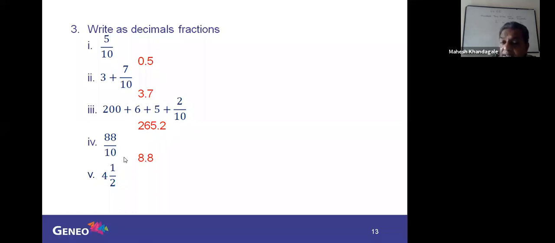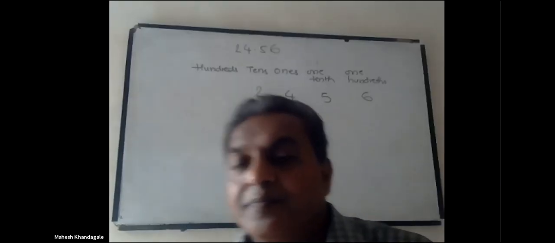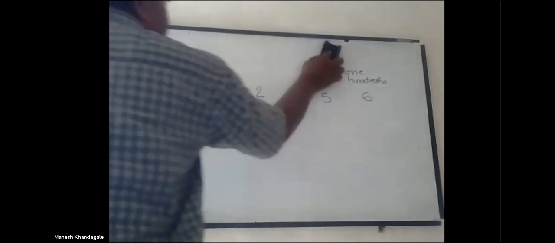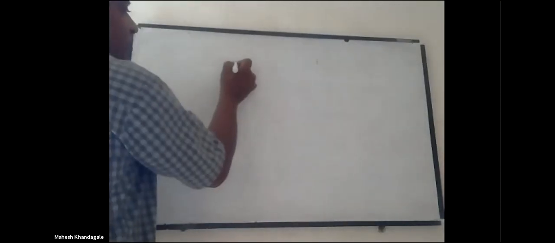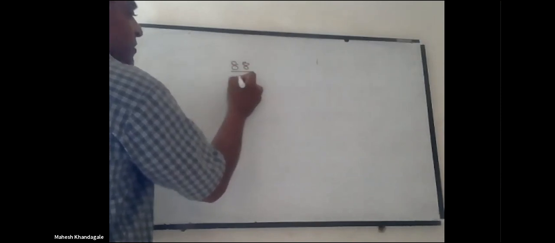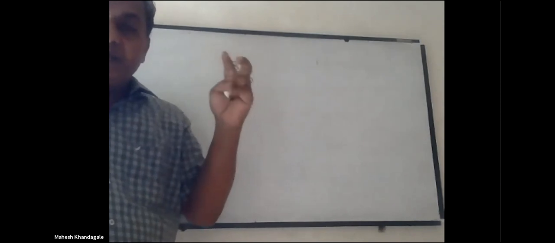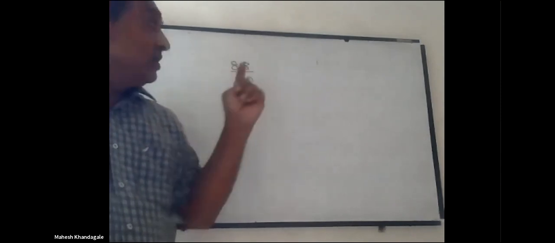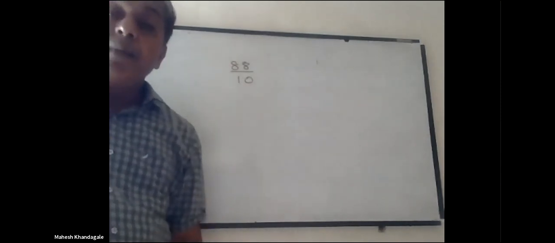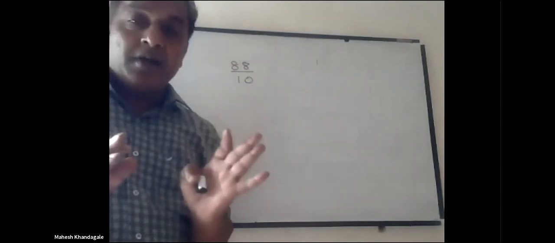88 by 10. So this can be written as 80. Now how do we write this? Look here. 88 by 10. I'll explain once again. 88 by 10. So split this 88 into 2 parts such that the first part is a multiple of 10, or divisible by 10.